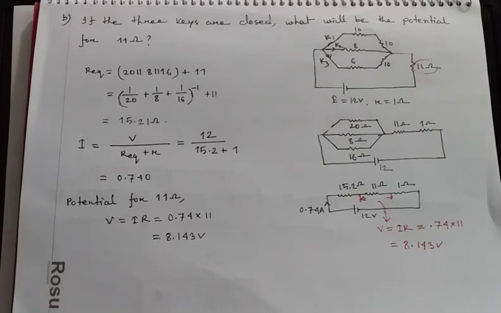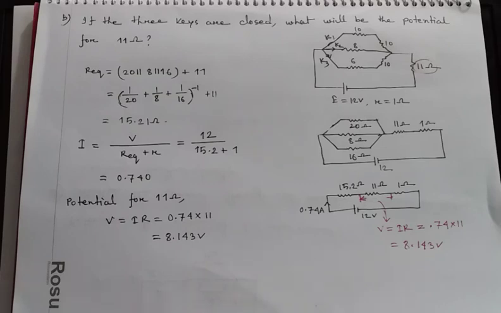And as in this question you are told to keep the three keys closed, but the question may arise in a form like that, where two keys are closed and one is open, or two are open and one remains closed. Such combinations can also come in your exam, and whenever you are practicing you should try to solve questions in different ways.